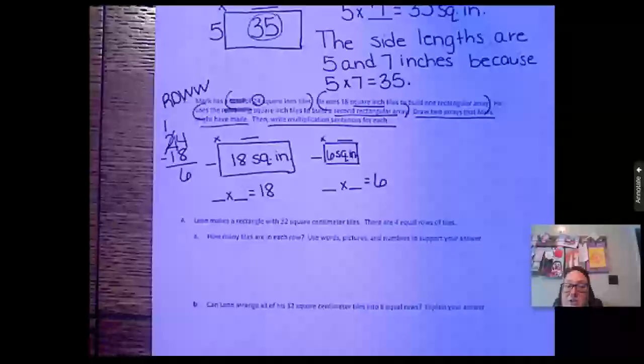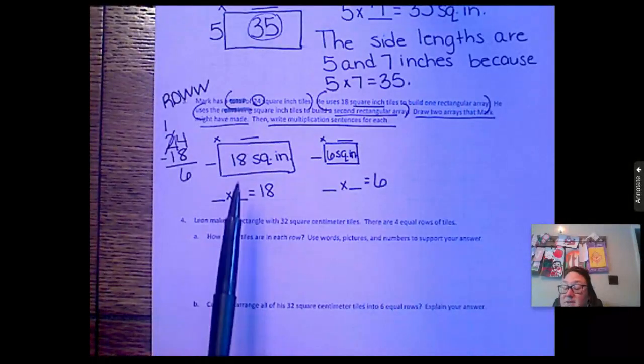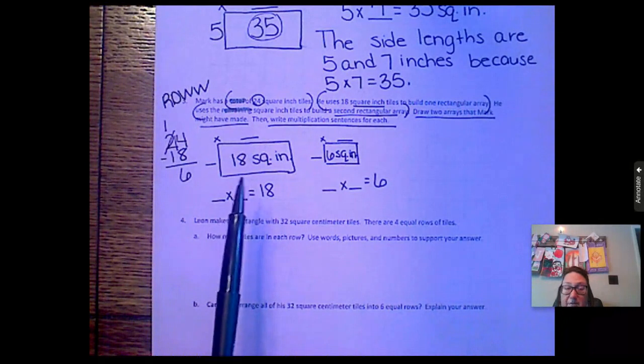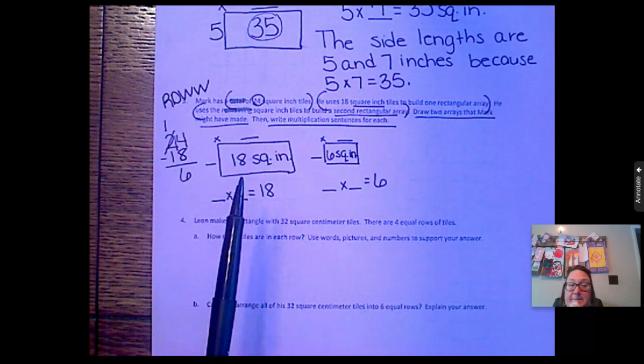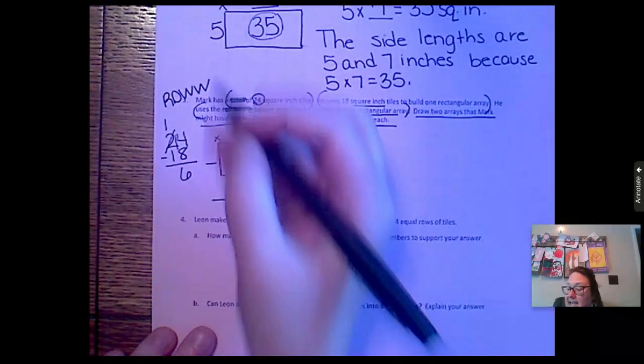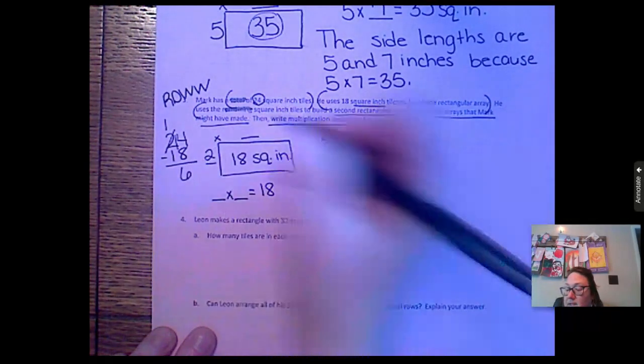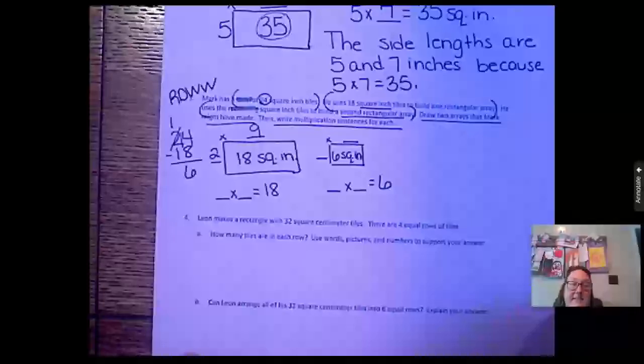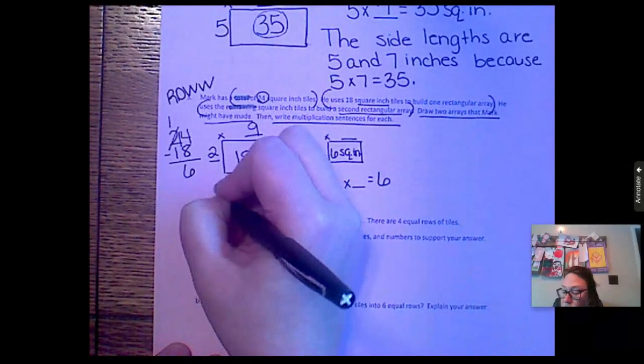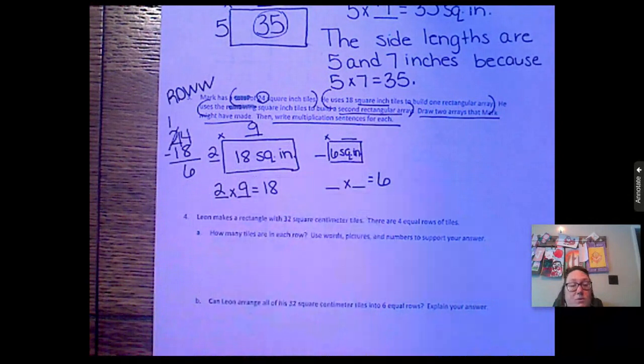Okay, what did you find? There's a couple different things that we could put here, a few different things, right? So I could say, maybe I want to say that this side length is 2 and this side is 9. Did you say that? 2 times 9 equals 18. That works, right?